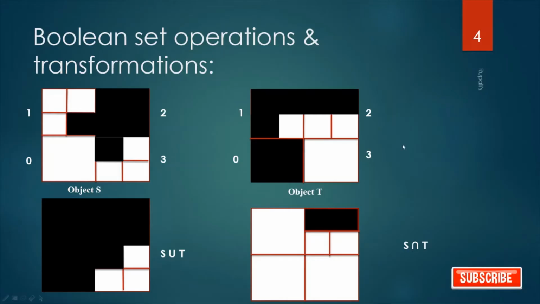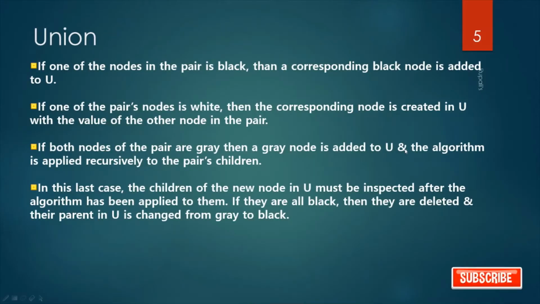Now how is this union and intersection done? See the rules for union. If one of the nodes in the pair is black, then a corresponding black node is added to U. If one of the pair's nodes is white, then the corresponding node is created in U, U for union, with the value of the other node in the pair.